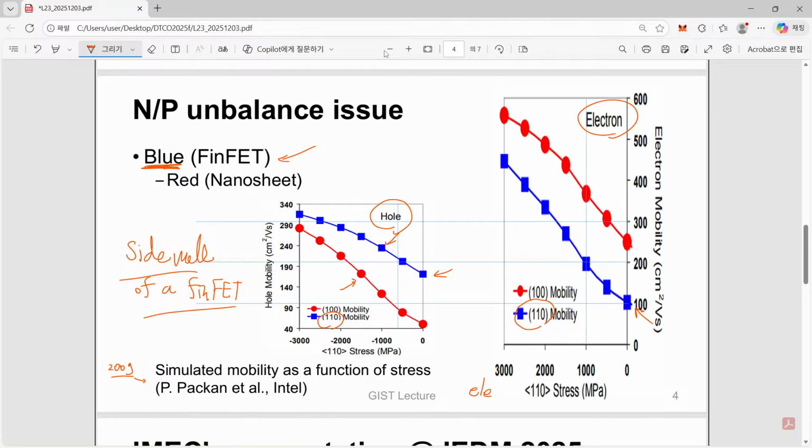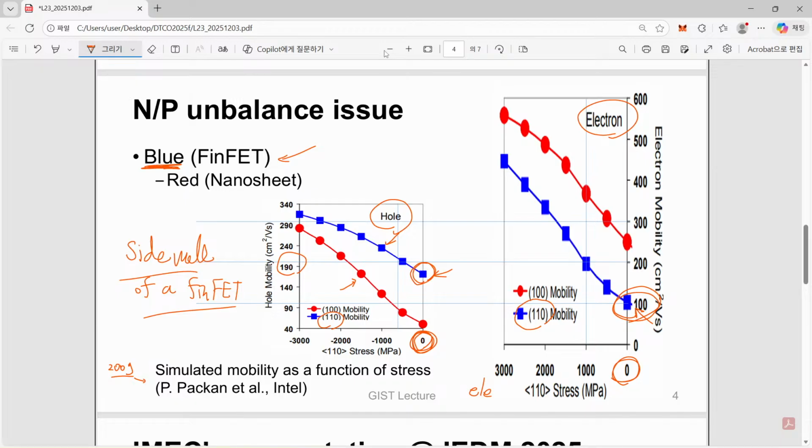Even when we have 0 pascal, no stress in this case, actually we can have hole mobility slightly lower than 190, and surprisingly, the mobility for electrons is somewhat lower than that number.